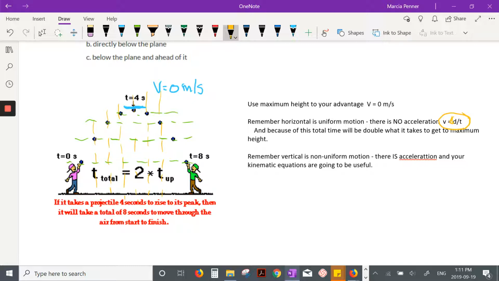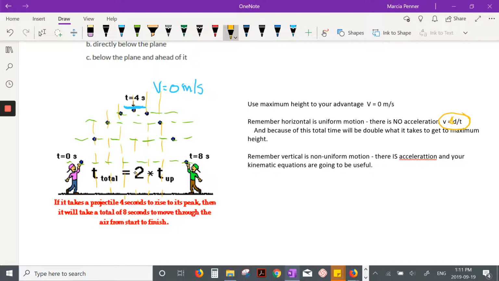The other key piece of information here, and you can see it added onto this diagram, is that the total time that it takes an object to travel up and then down is going to be twice the amount of time it takes to just get to maximum height. So quite often you'll have enough information to calculate the time to get from when the ball is released to maximum height.